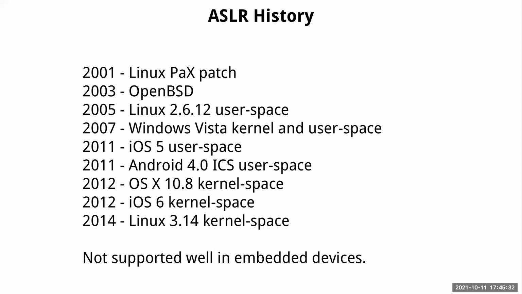Linux also started supporting kernel space ASLR back in 2014. So most of the systems we're using have this feature. That's why every time we do hacking, we disable that. But like I said, it's not supported in embedded systems, and it will be very challenging to support those in embedded systems.